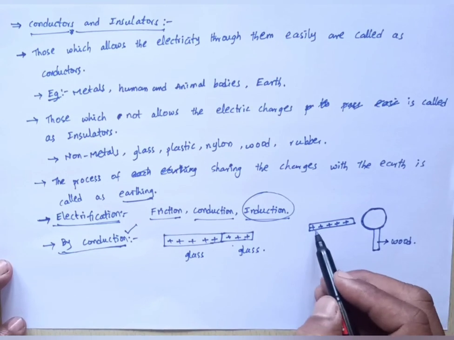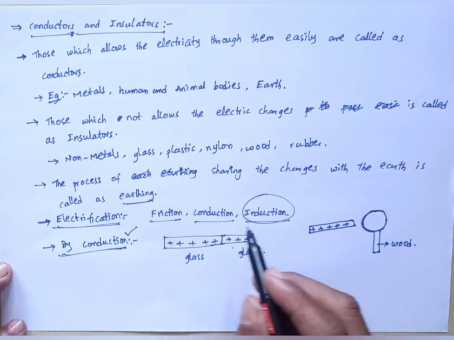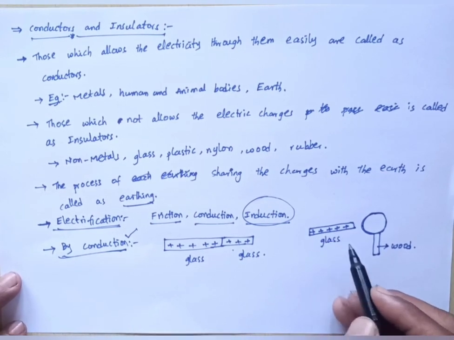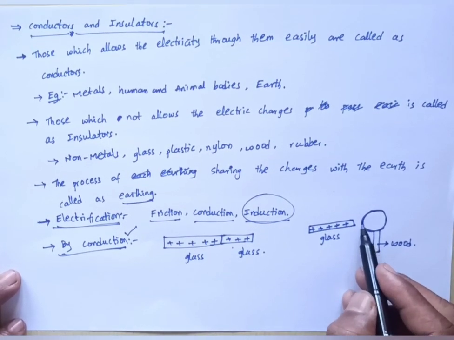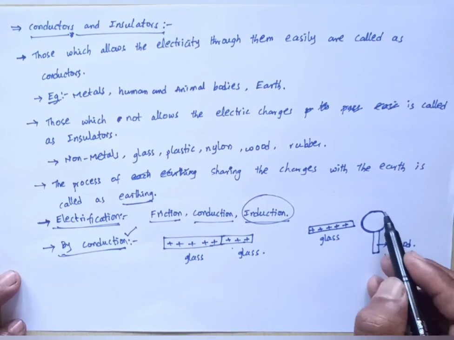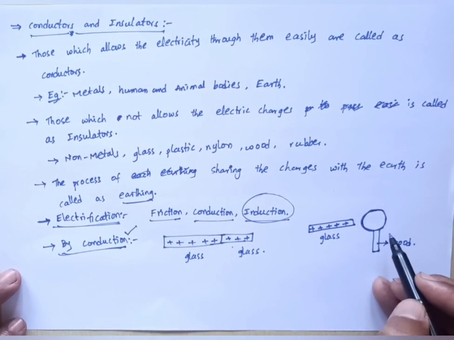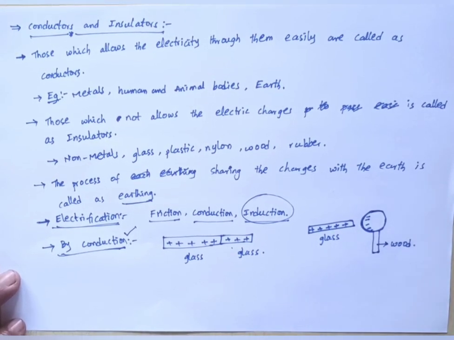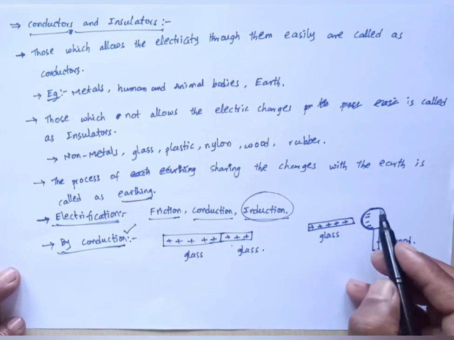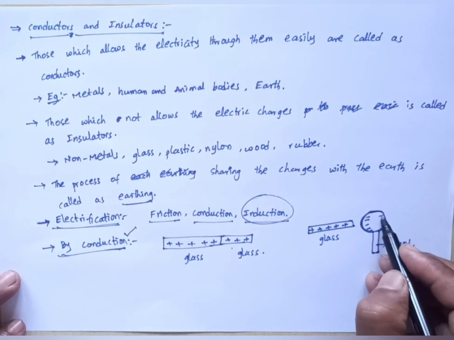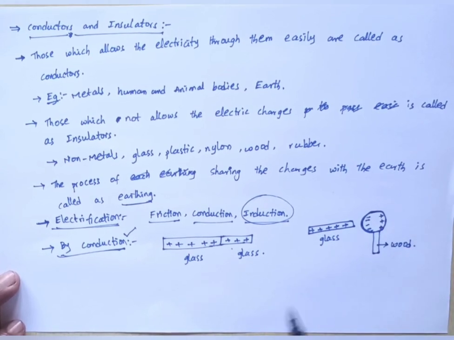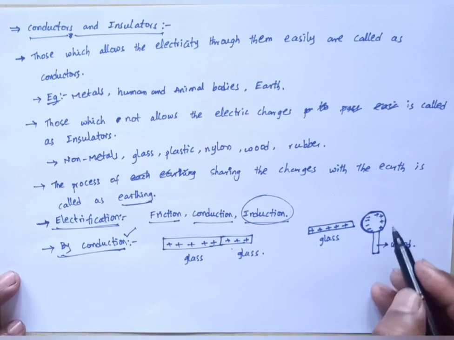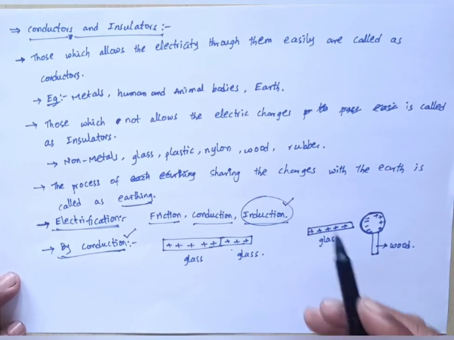When we bring a positively charged glass rod near this conducting ball, negative charges accumulate on the nearer side, and positive charges accumulate on the other side. This process is called induction.